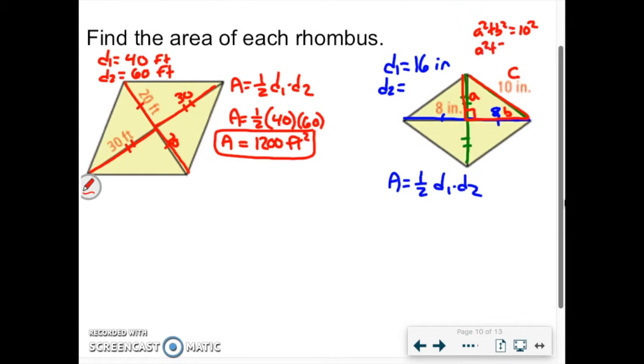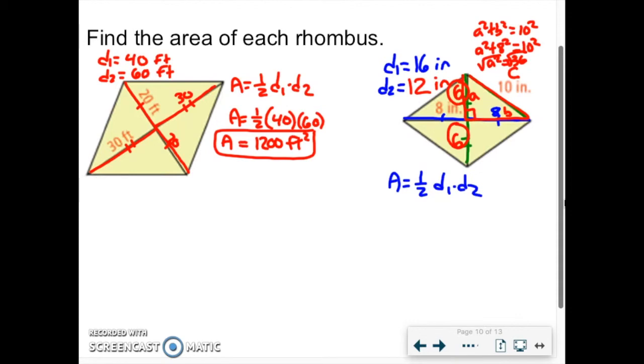A squared plus 8 squared equals 10 squared. So that means I'm taking the square root of 100 minus 64, which is 36. This side here has to be a 6, which means this side has to be a 6, and this is a 12. So I know both diagonals. I have a 12 and I have a 16.